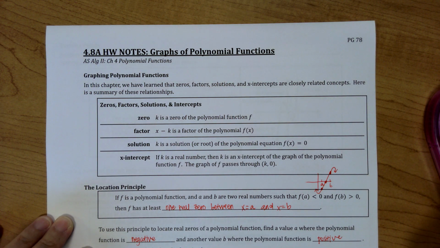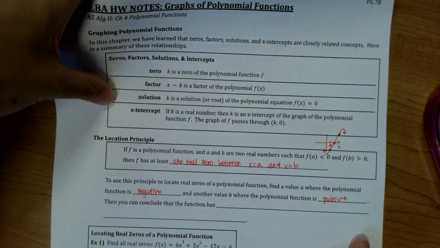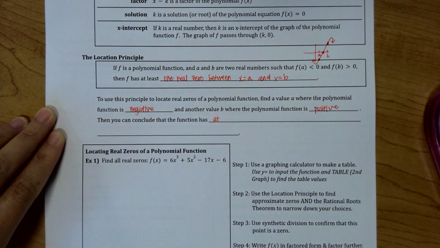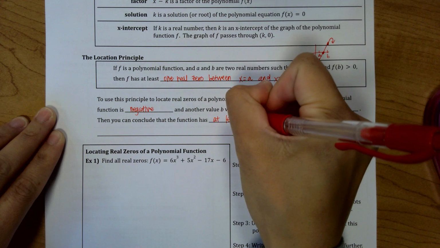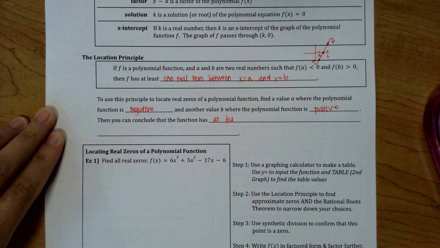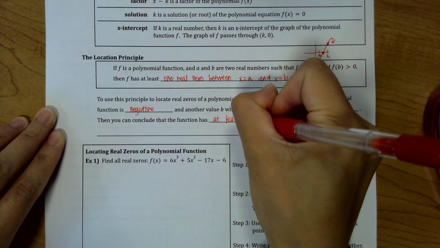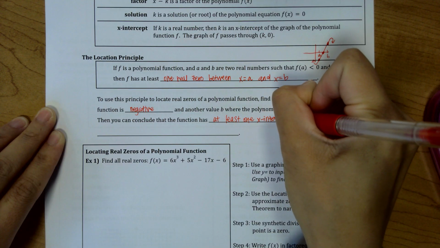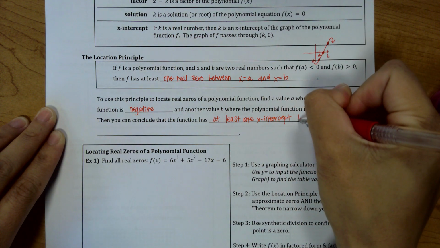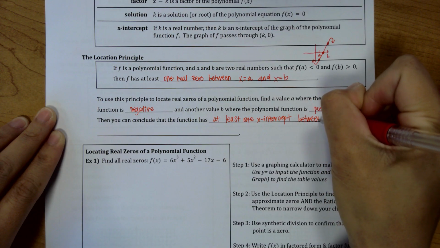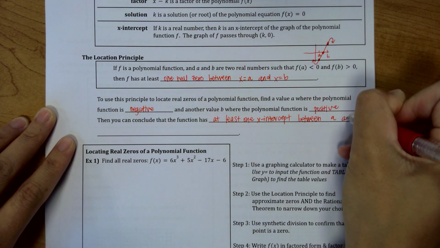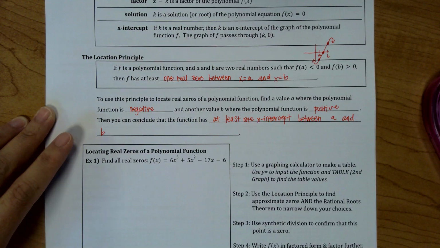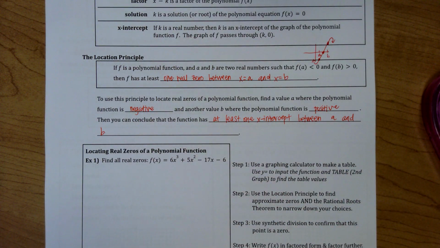And then you can conclude that the function has at least one x-intercept between a and b. Sorry, I just wrote that a lot smaller. Feel free to use that space.